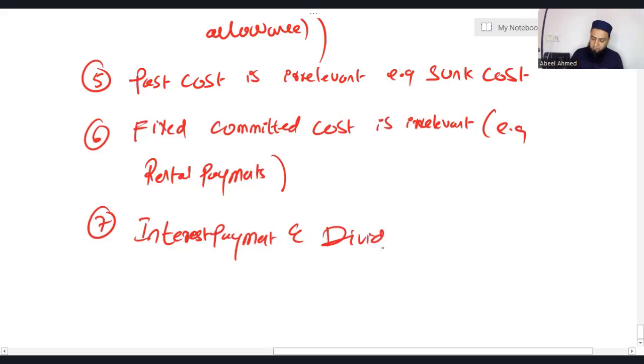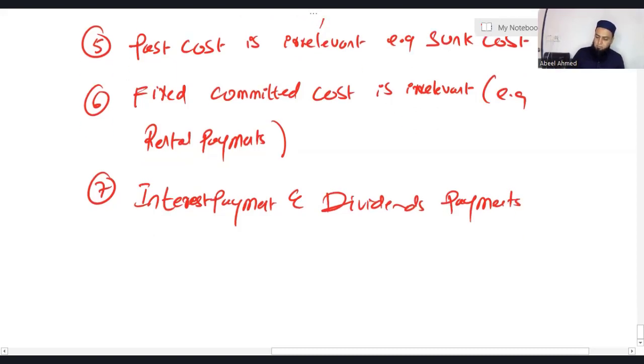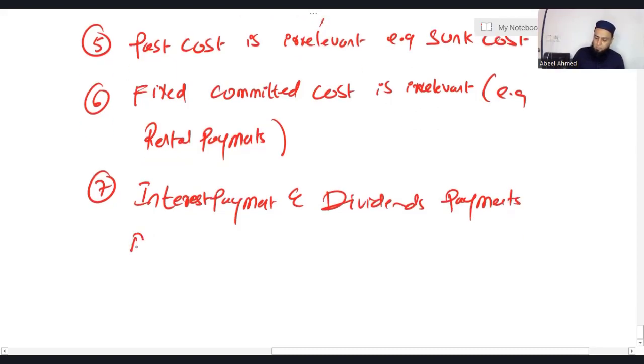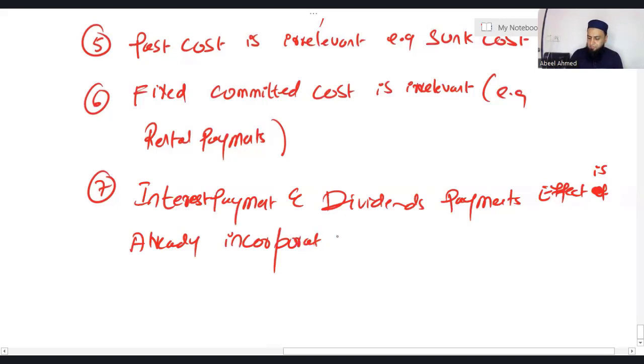and dividend payments. The effects of interest payment and dividend payment are already incorporated into the cost of capital.